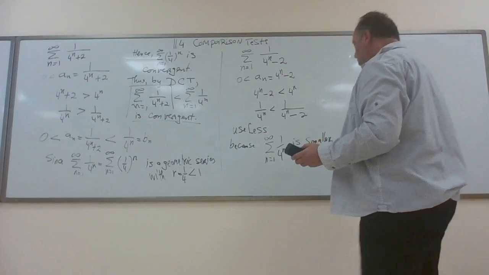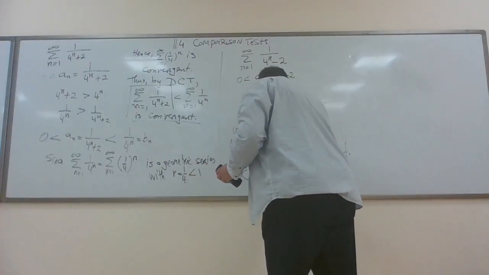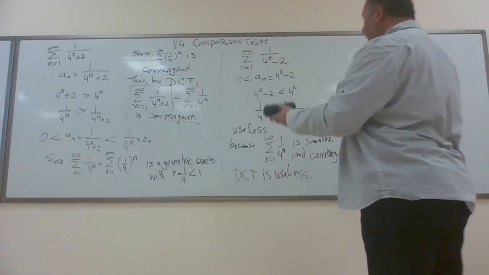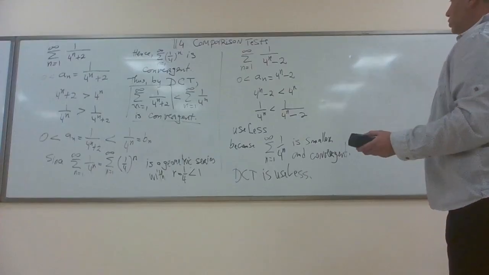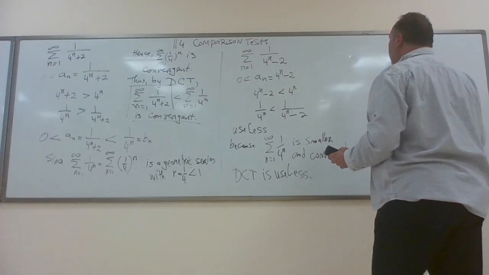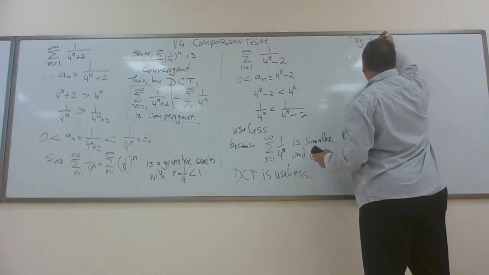We cannot use DCT, it is useless. The direct comparison test is a useless tool here. Okay, so we need another tool. That's what it means. So try the limit comparison test.